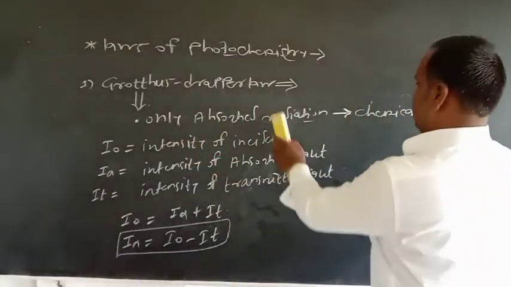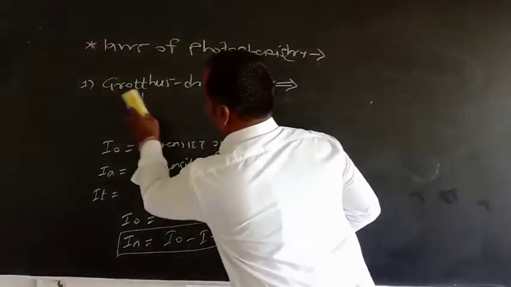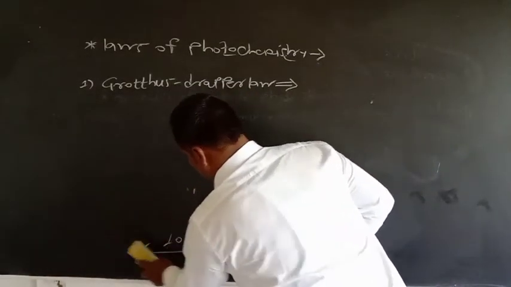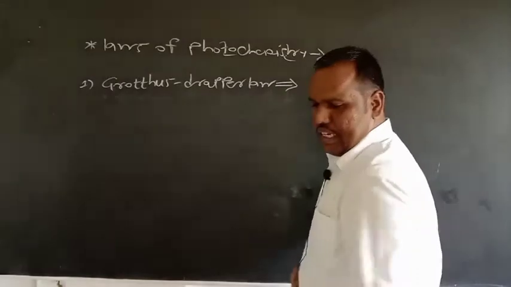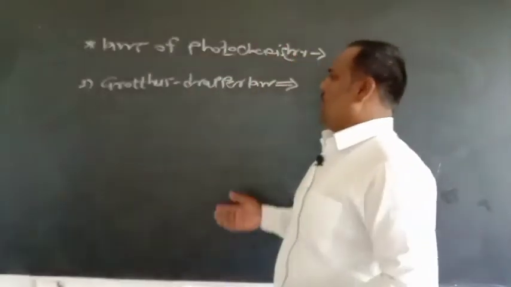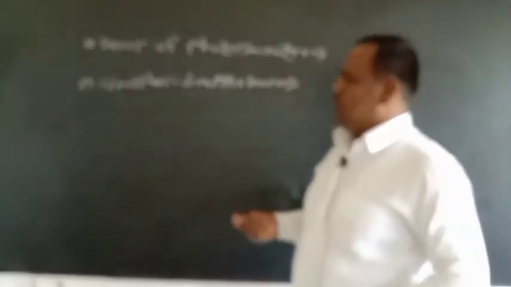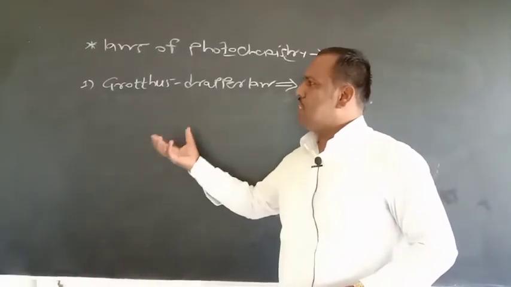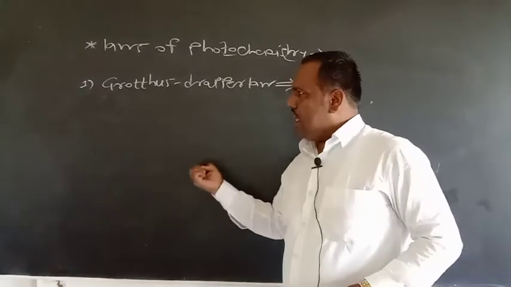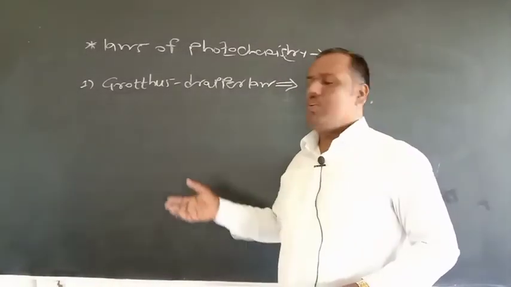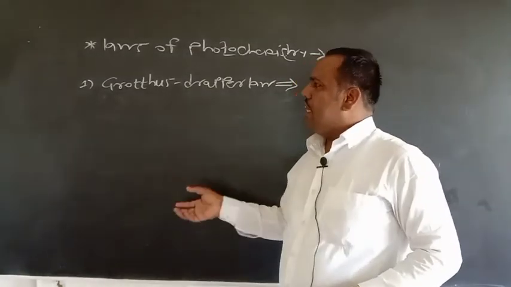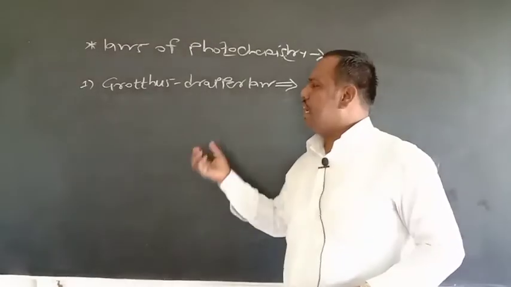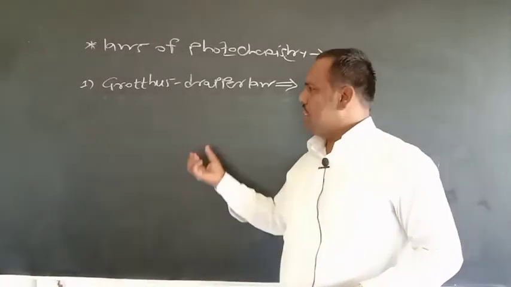It is qualitative in nature. It does not give information regarding how much energy or how many quanta are absorbed by the molecule or system, and how many molecules are activated by the absorption of this radiation.